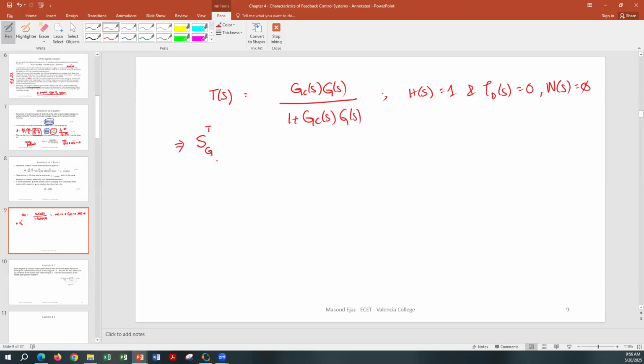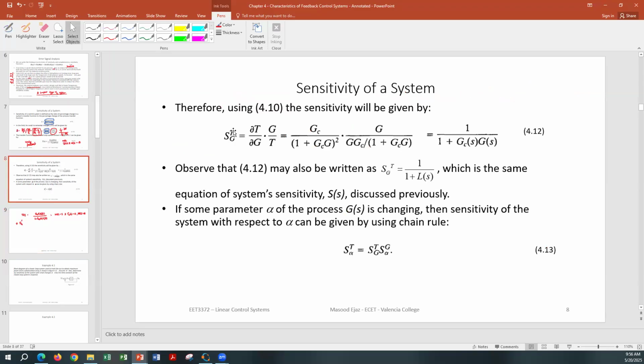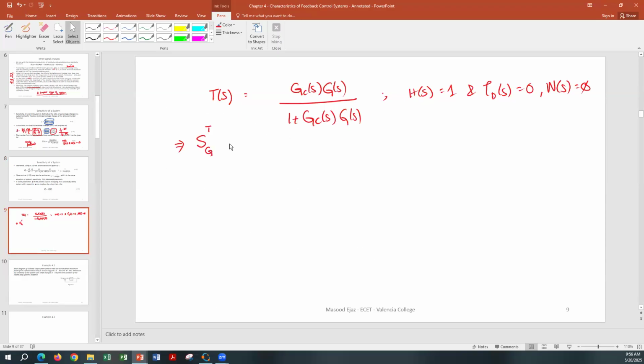This is how it is written, as you can see on the previous slide: sensitivity of T with respect to G. And this is given by the derivative of the transfer function with respect to the process gain times the process gain over the transfer function. So if we take the derivative of this transfer function with respect to only G, we will assume Gc(s) is constant right now. We are taking it only with respect to G(s).